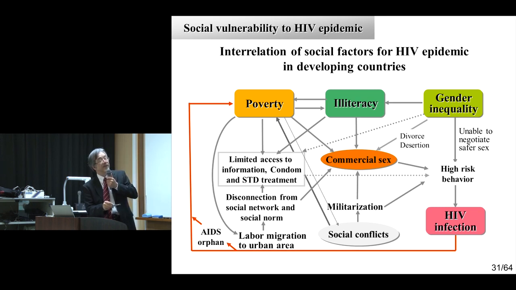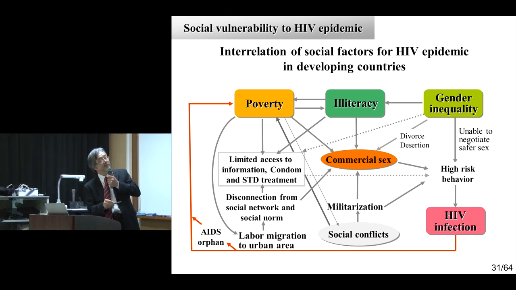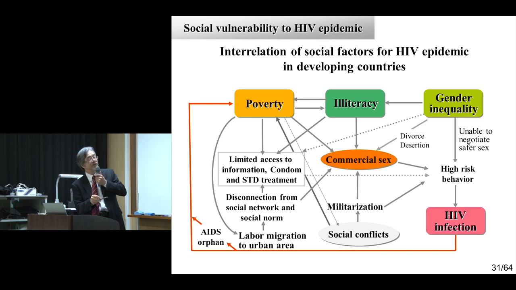Then they will be disconnected from social network and social norms. So they may go to commercial sex, and then the access to information or condoms or STD treatment is limited. So they may engage in very high risk behavior.